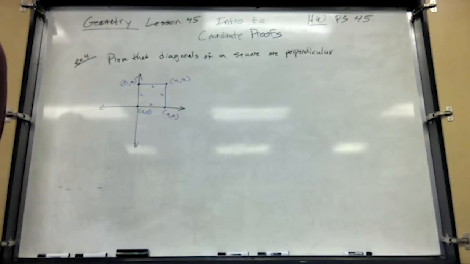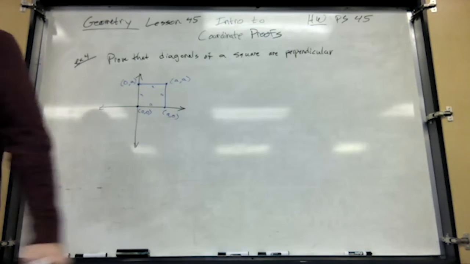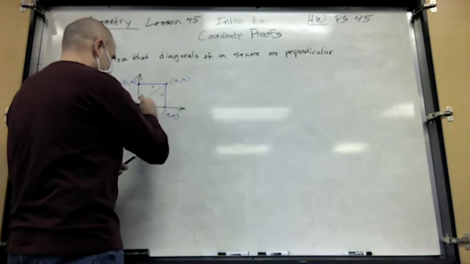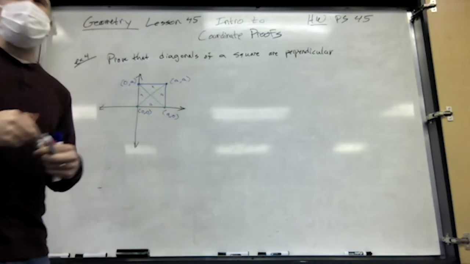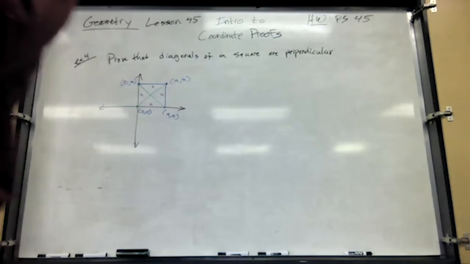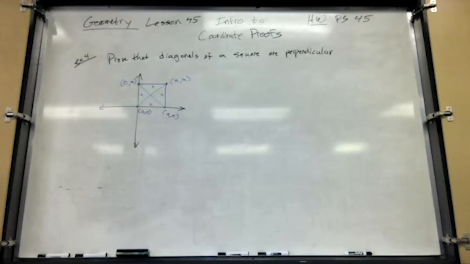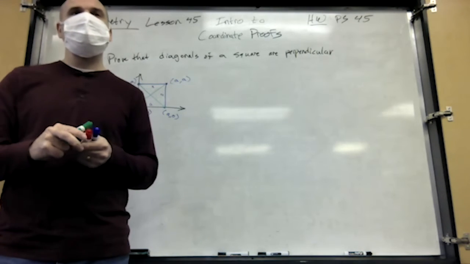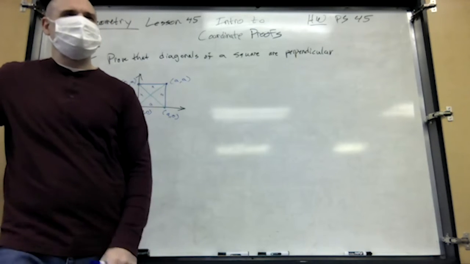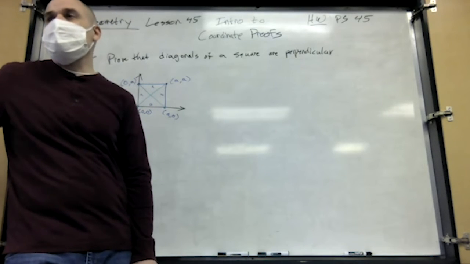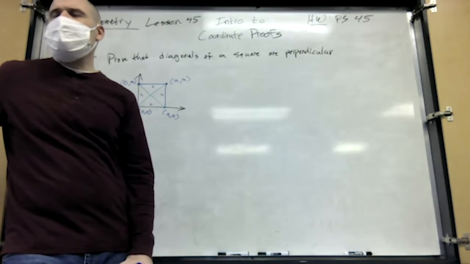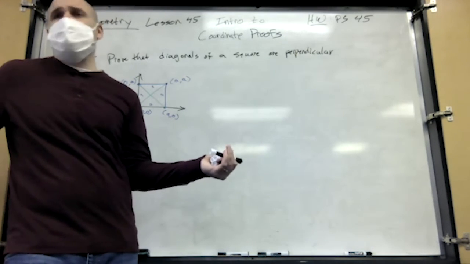All right. So here's how I'm going to prove it. I need to prove that these diagonals are perpendicular. How do you prove that lines are perpendicular on a coordinate plane? What do you know on a coordinate plane or in algebra?